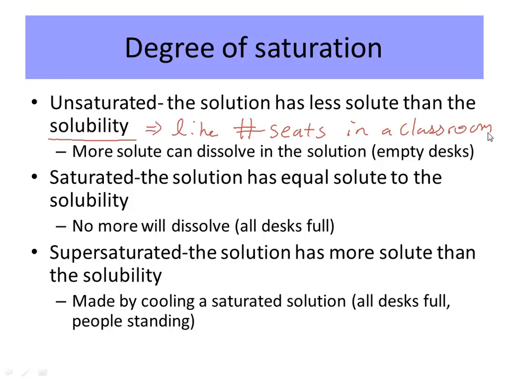Saturated means that it is equal to the solubility. That's like if every desk contained one person, that would be a full classroom. Supersaturated would mean you had more people than desks. So if we had 30 students in this classroom, but we only had 25 desks, we'd be over full.